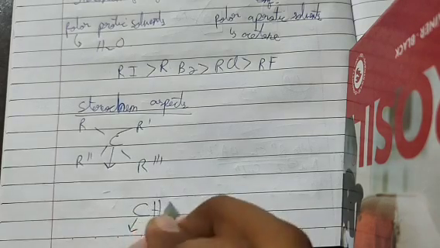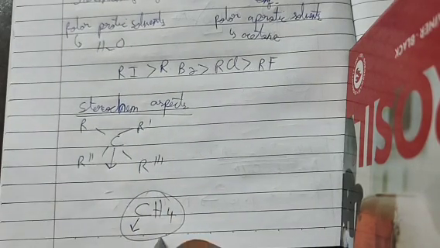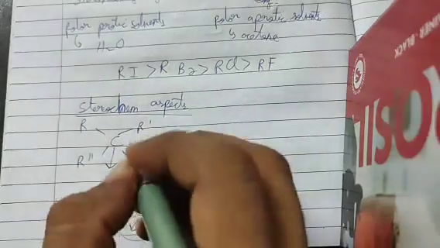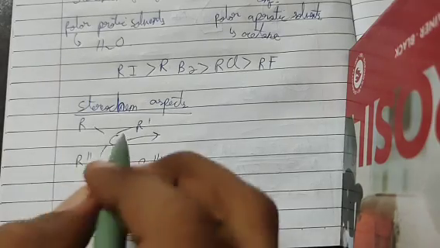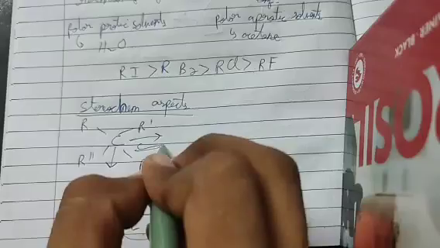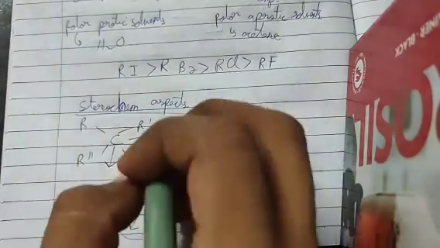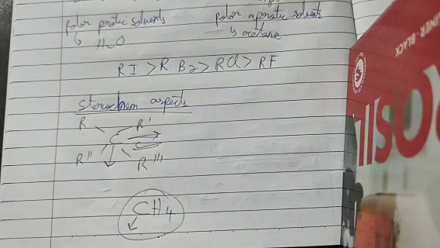Such achiral carbon atoms will not show optical activity, they will not rotate the light, whereas carbon atoms which are chiral in nature, which are asymmetric in nature, will show optical activity. These carbon atoms are also known as stereocenters.